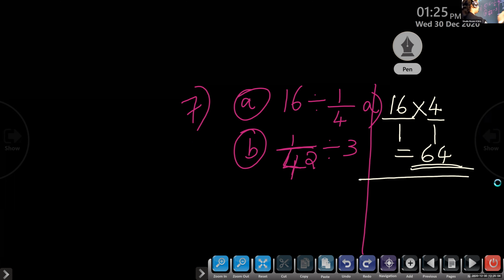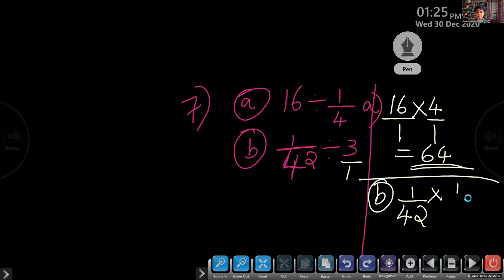Question number B. What did we have to do? 1 by 42 divided by 3. Here 3 is 3 by 1. So it is multiplied by the reciprocal, 1 by 3.